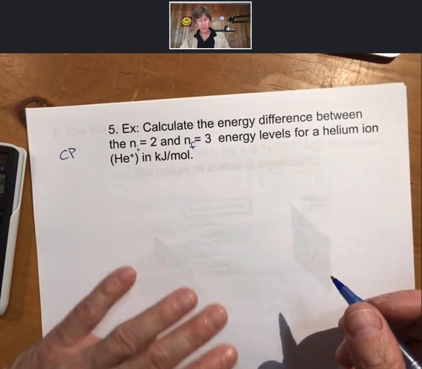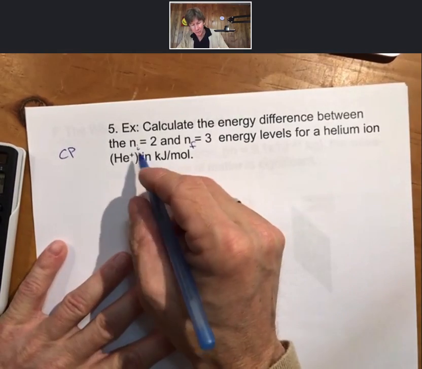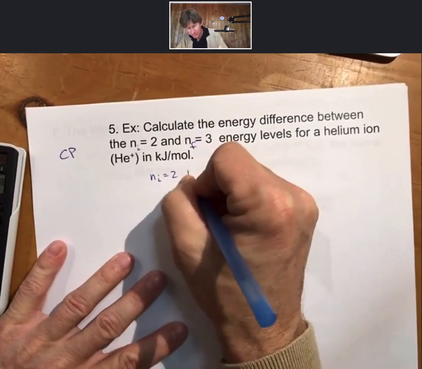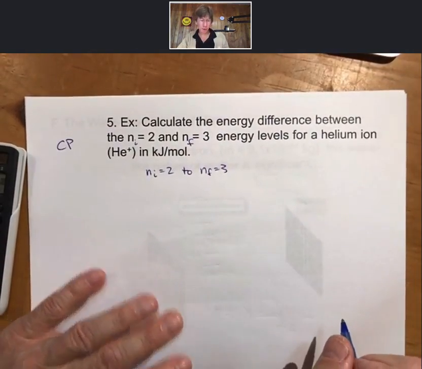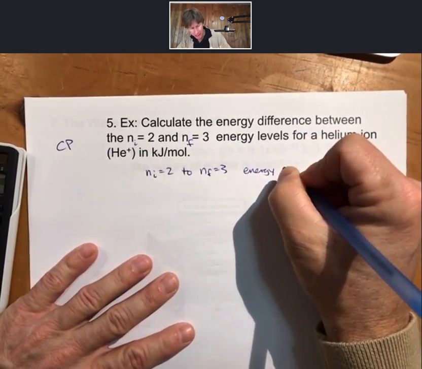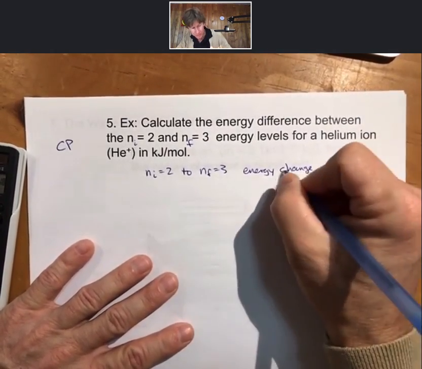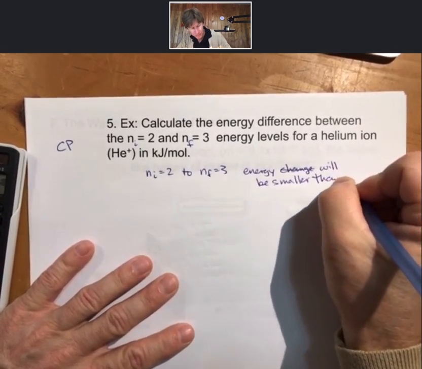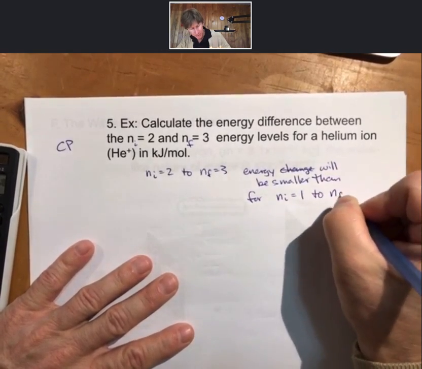However, I will tell you at least one thing about it, and that is as you go from 2 to 3, the energy difference, or the energy change, will be smaller than for n initial equals 1 to n final equals 2.